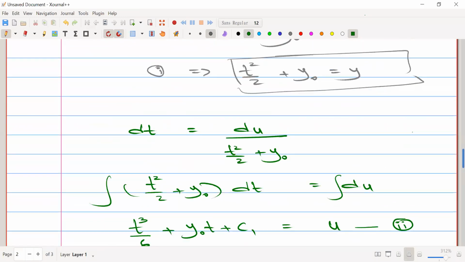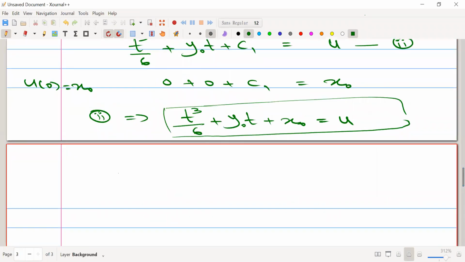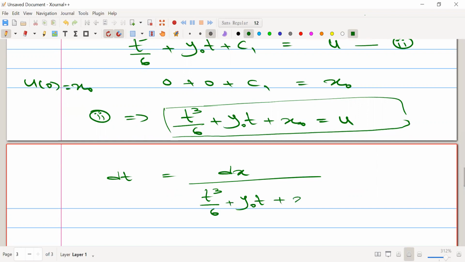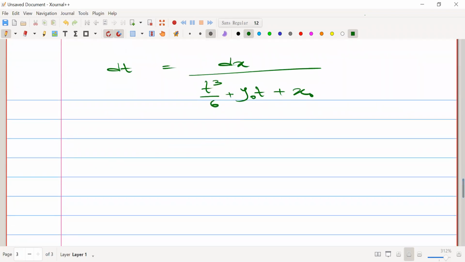So we have dt equals dx over u, where instead of u we take the expression that we already got. Now shift this onto the left side so we can easily integrate, because we have only an expression in terms of t, and these y naught and x naught are just constants. So we need not be worried about these constants, and we can simply integrate the function.